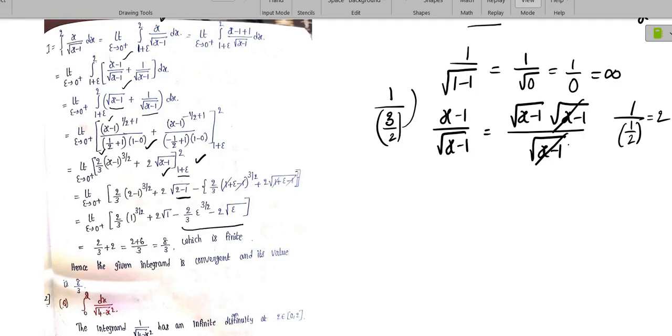So after substituting epsilon equal to 0, these terms vanish. The remaining terms simplify to 2/3 plus 2. Take the LCM, then it is 8/3. 8/3 is finite, hence the integral is convergent and its value is 8/3.